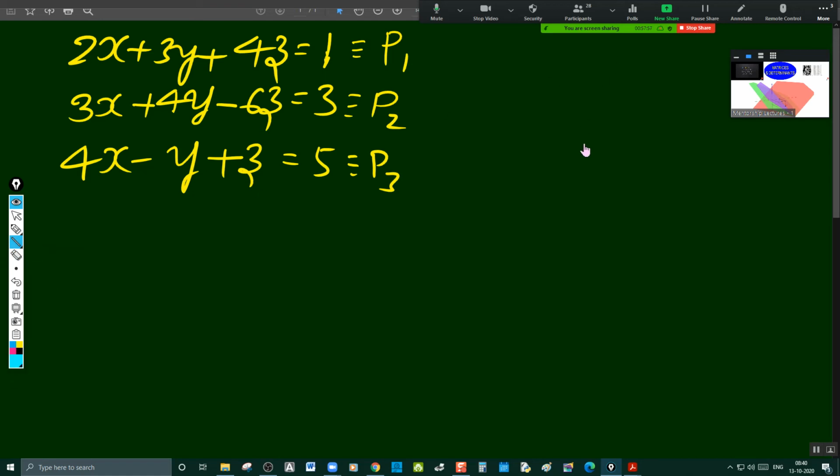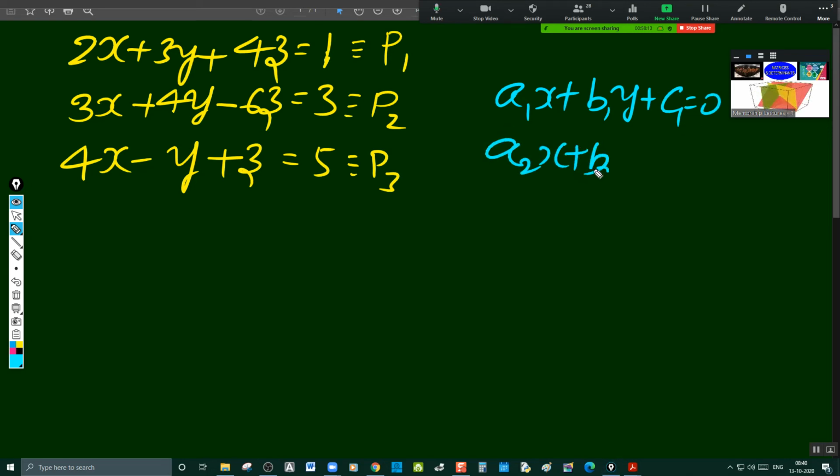We'll have a unique solution. I'm talking about this. a1x plus b1y plus c1 is equal to 0, a2x plus b2y plus c2 is equal to 0. Then what happens?